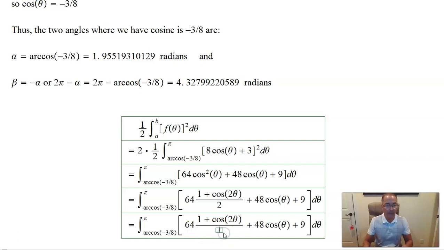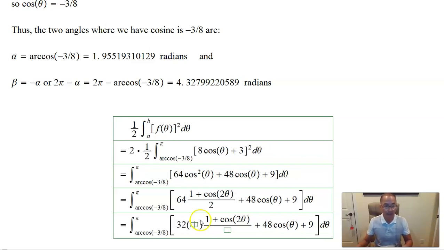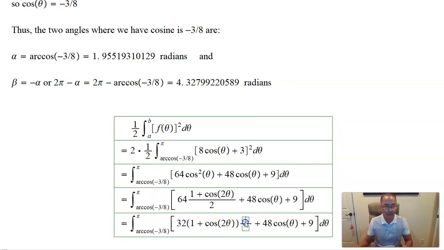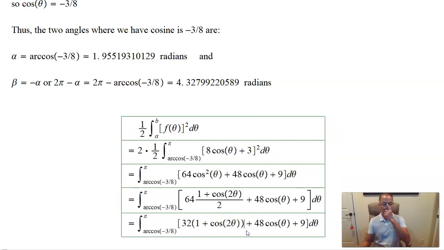So we are left with 32 up here, and we get to multiply that to the numerator, 1 plus cosine 2 theta. No more fraction, yay! 64 over 2 is 32, 1 plus cosine 2 theta. Nice.